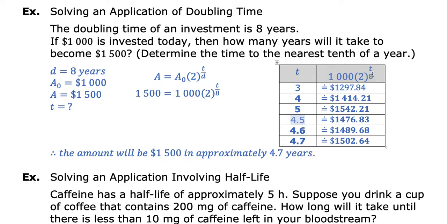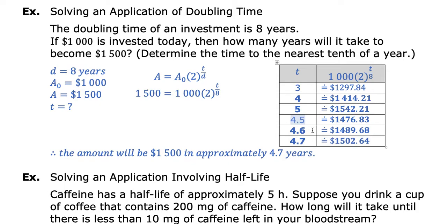Once we substitute into our equation and evaluate, we'll make a decision whether we start going up by tenths or down by tenths. Since we are below the desired value of 1,500, we'll go up by tenths. So 4.6, we're still not there, and at 4.7, we've exceeded our desired value.